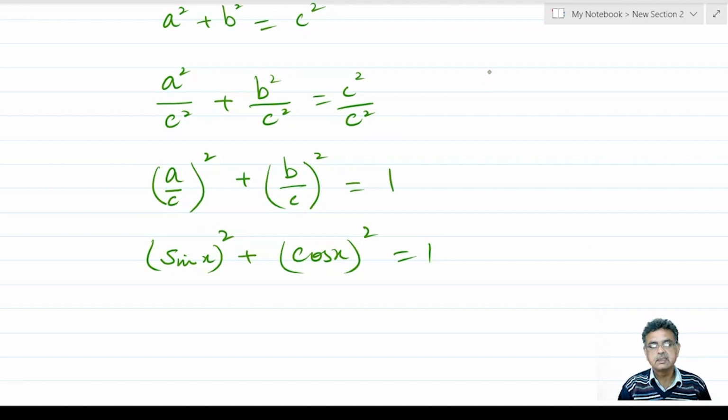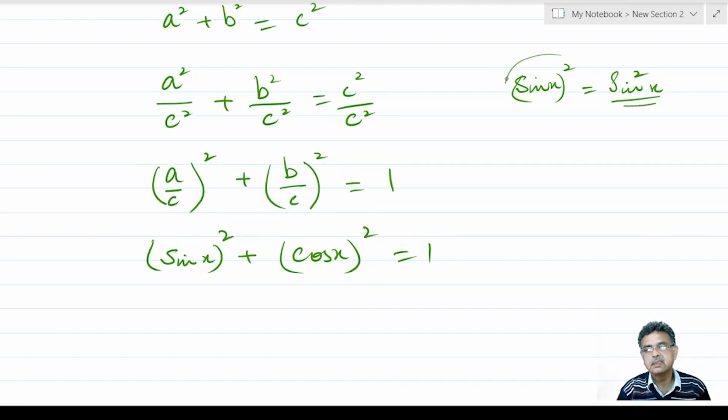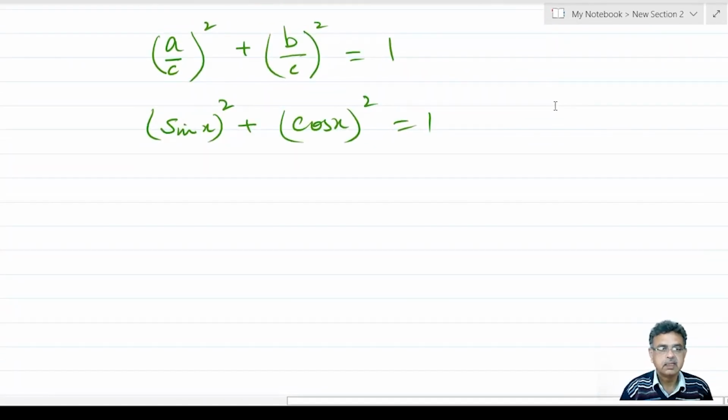Now for trigonometric ratios, if there is a square on it, then instead of putting a bracket on the ratio again and again, it is understood that this square can be written as sine square of x. So there is no need to put the bracket again and again, and directly you can write it as sine square x plus cos square x is equal to 1.